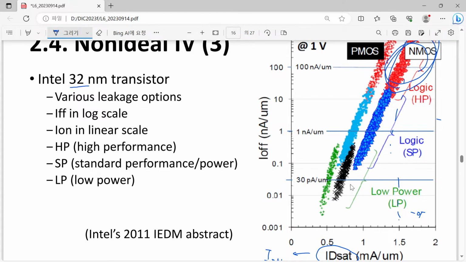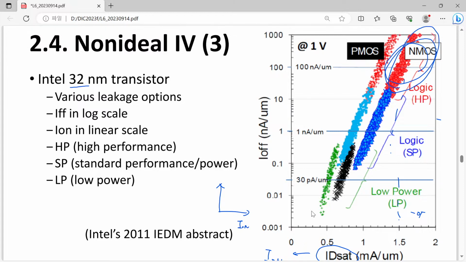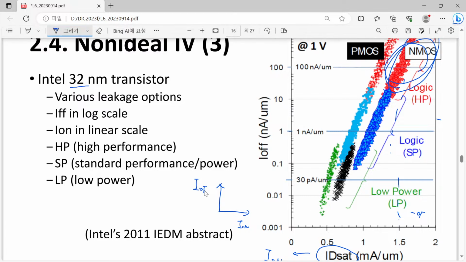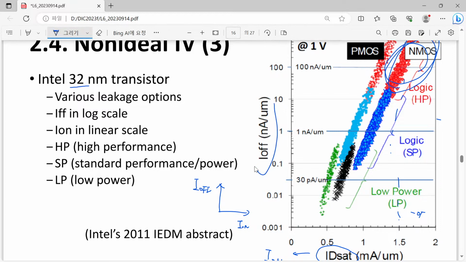Then please have a look at this, once again the same semi-logarithmic graph. The on current is written in what? Linear scale, because on current does not change drastically. And the off current is written in the semi-logarithmic scale because it varies quite a lot.